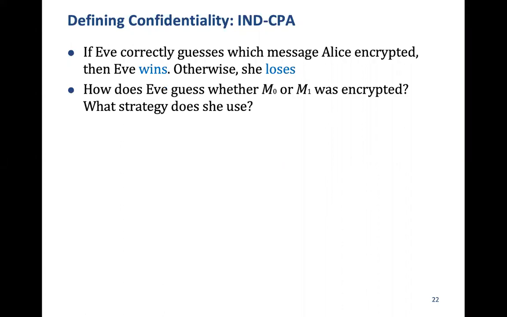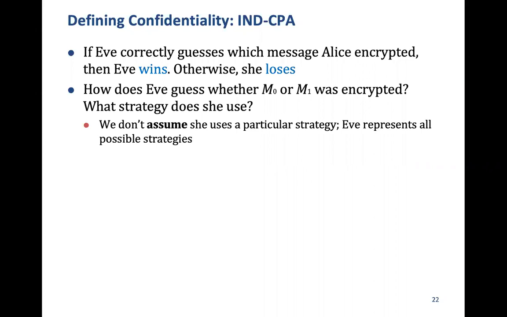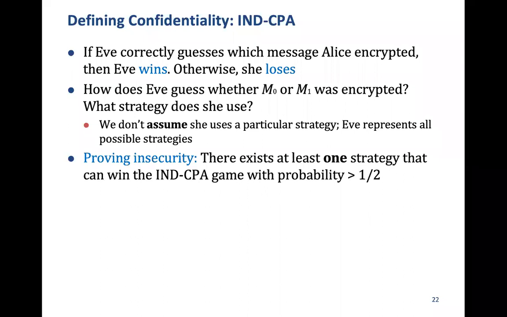How Eve guesses is her choice; she may have n number of methods. If she can find this out, then she has won the game. It means that Alice has lost.